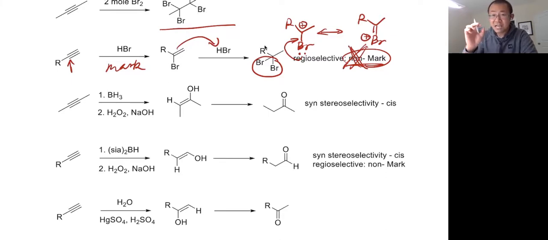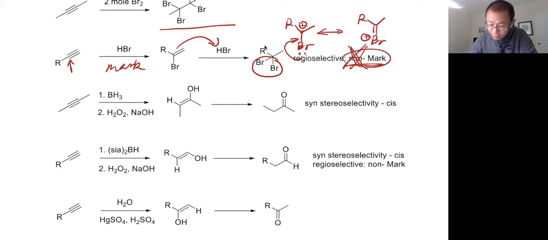So when the C+ is on this carbon, it's much more stable than just primary, secondary, tertiary stability, because the Br from the first HBr has a lone pair and can further stabilize the carbocation through resonance.